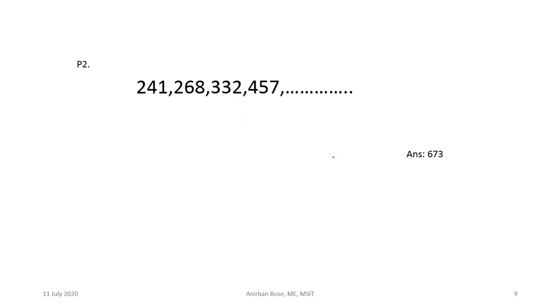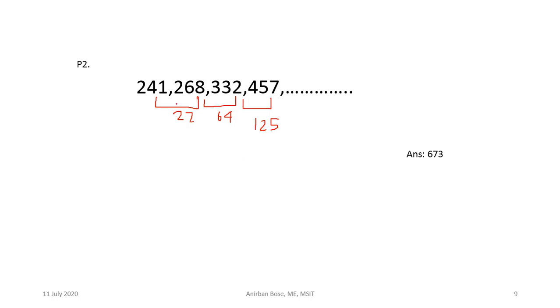Now you see this particular problem, it is not increasing very fast, so let us find out the difference. The difference is 27. This difference is 64, and 457 minus 332, the difference is 125.